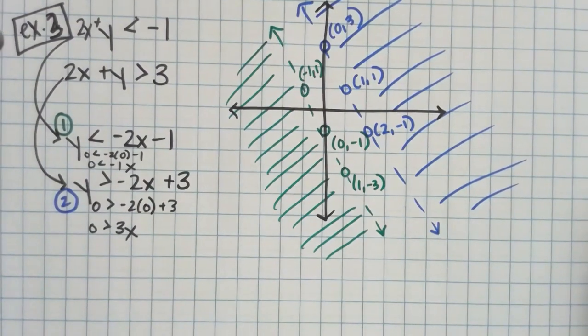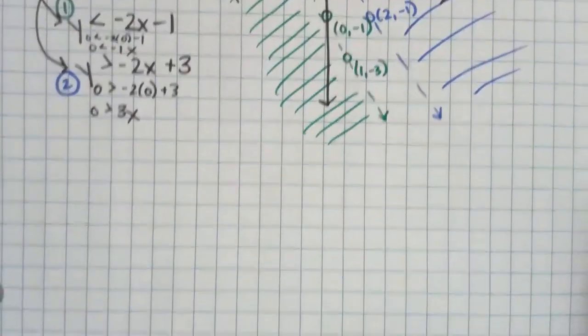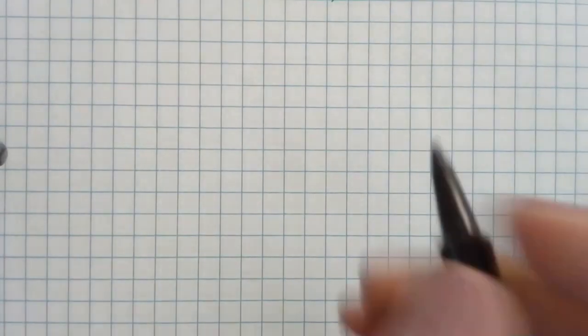Okay. Last thing that I'm going to show you how to do is to write a system from a graph. So sort of working backwards. You have to look at the graph and write that system of linear inequalities. All right. This is example 4.